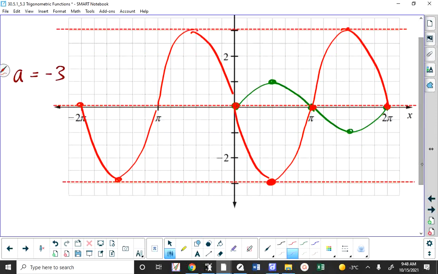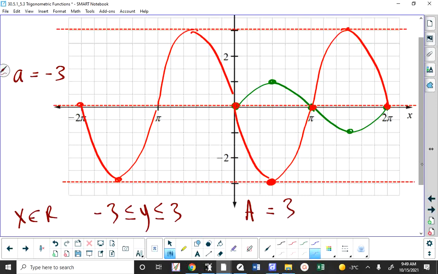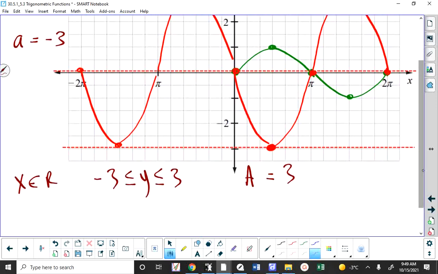But what is the domain? Range. Domain is any real number. Range, negative 3 is less than or equal to y, which is less than or equal to 3. Amplitude is 3. I want you to notice that the amplitude is not a, it's the absolute value of a.